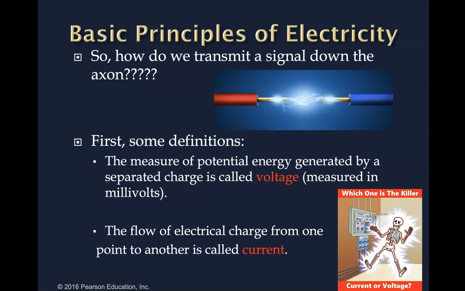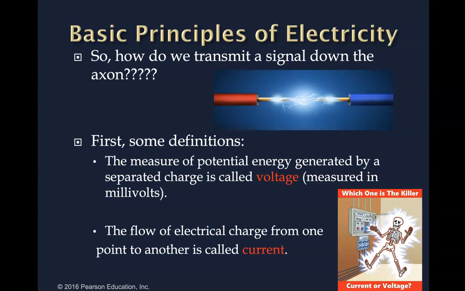So it's important to understand what voltage is. Voltage is literally just a measure of potential energy that's generated by a separation of charge. Across the cell membrane is where we're going to see this separation of charge in our neurons.